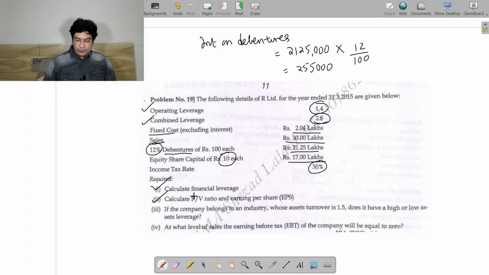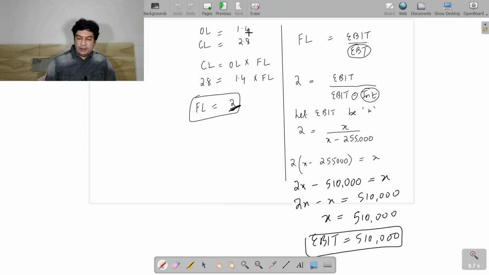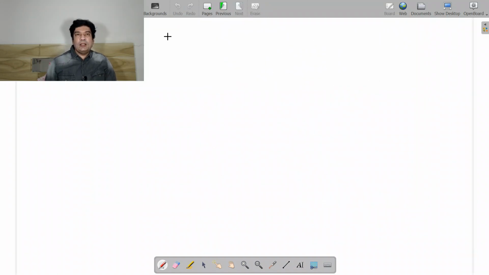Then we need to find the PV ratio, the profit volume ratio. For the time being, I'm just writing the formula. The profit volume ratio formula is contribution divided by sales, multiplied by 100.